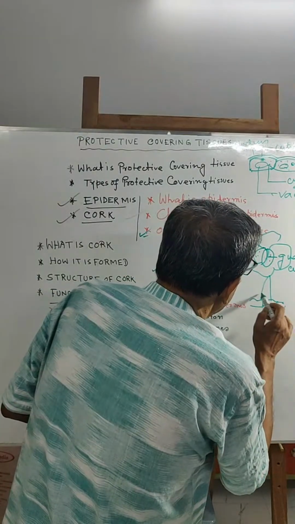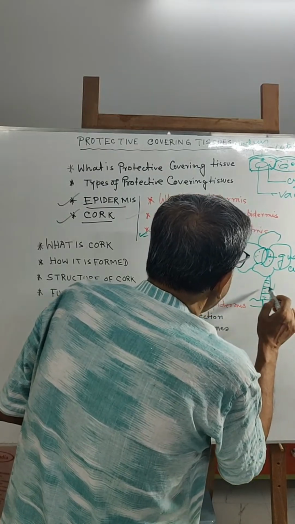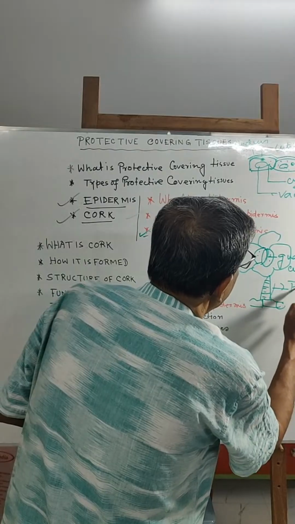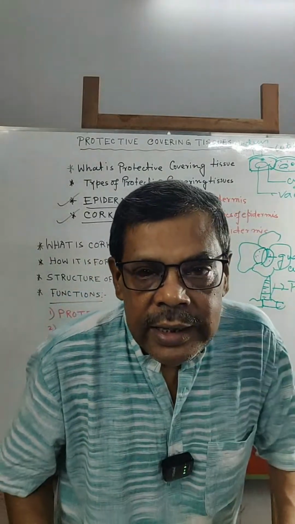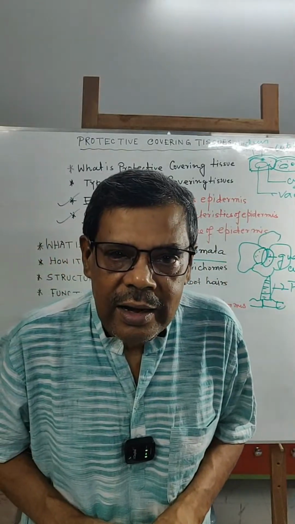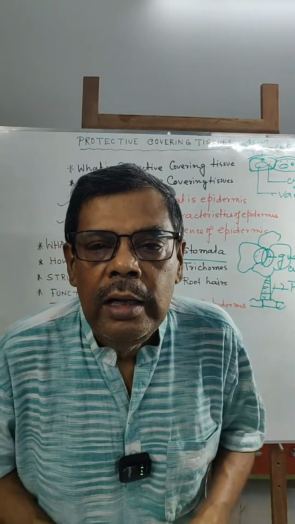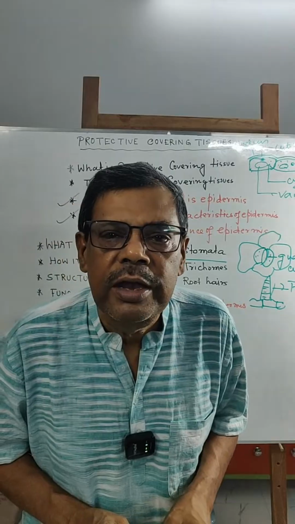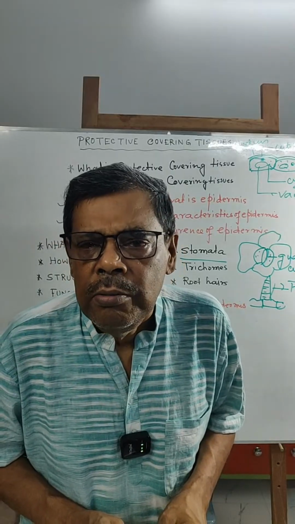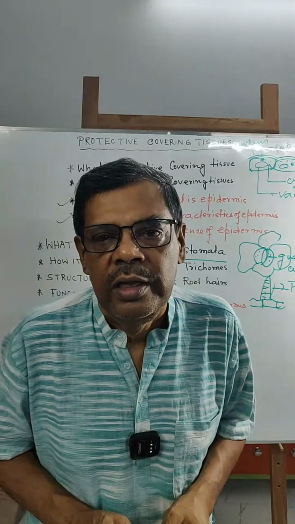Next, sometimes hair-like multicellular outgrowths are present. These are called trichomes. This is a multicellular cutinized hair. It may be present on the leaves, stem, and sometimes on other organs of plants.